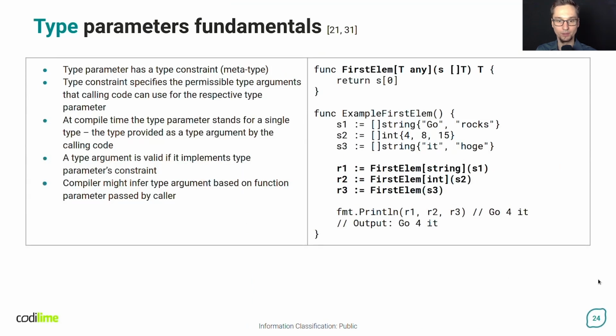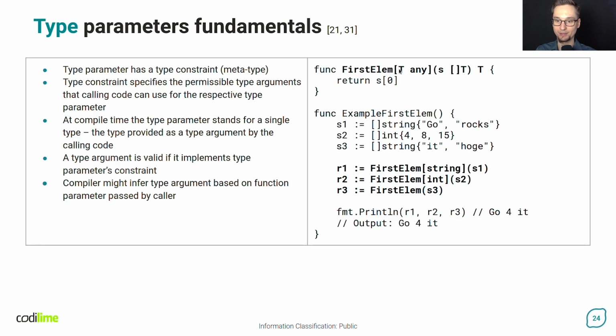Okay, at the right side, we have an implementation and usage of a generic function using type parameters. This function, called first element, takes a parameter s, whose type is slice of T, and T is a type parameter here.